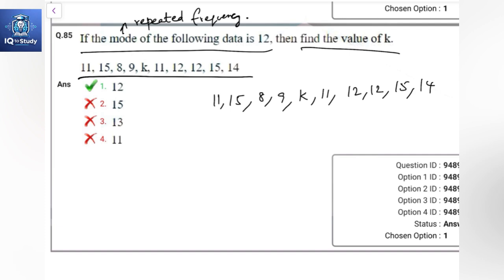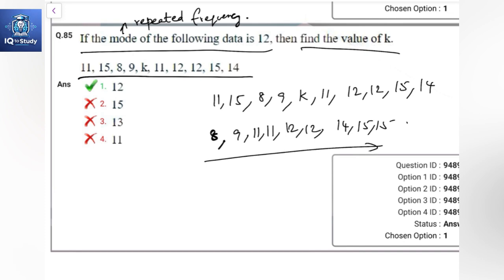Before finding it, we have to write the data in ascending order, excluding K. It is 8, 9, 11, 11, 12, 12, 14, 15, 15. Here, the repeated values are 11, 12 and 15.